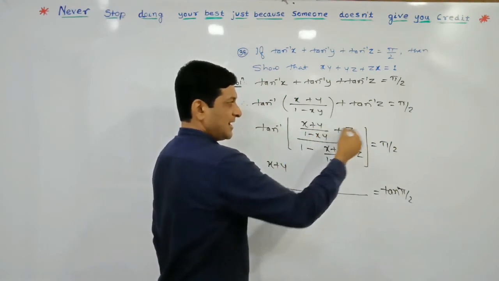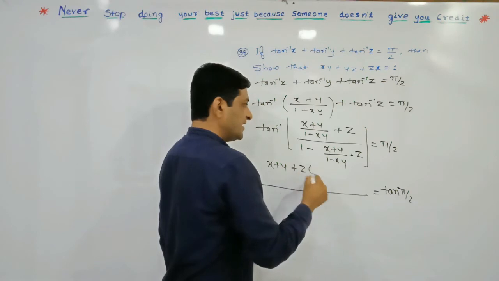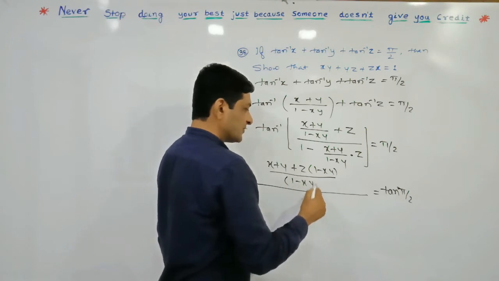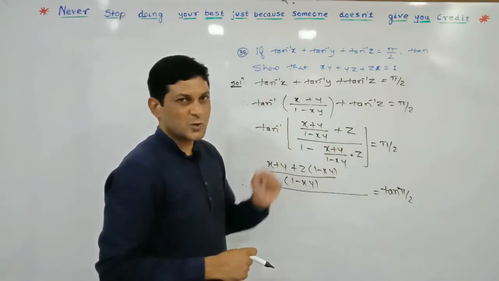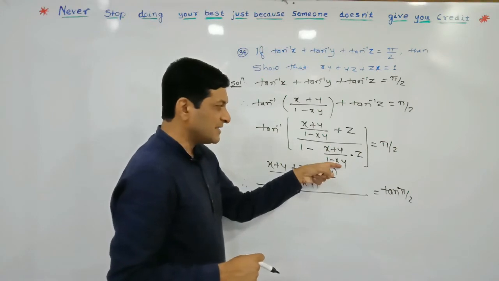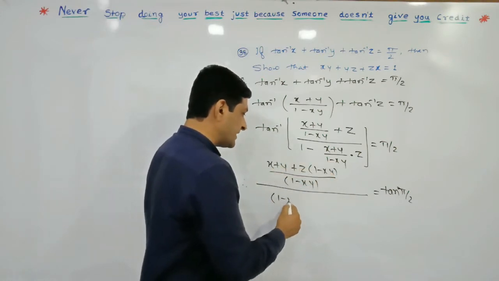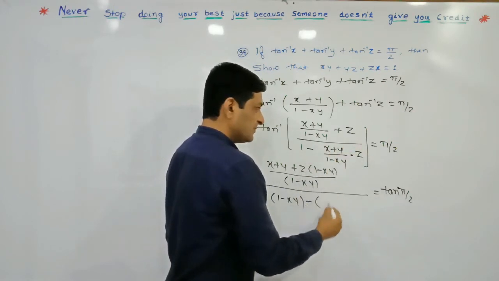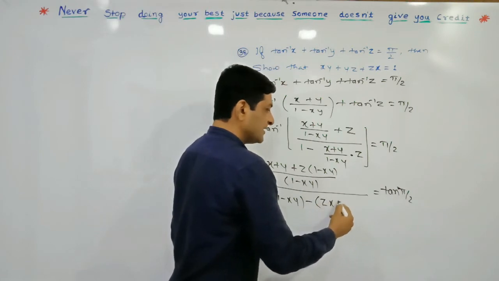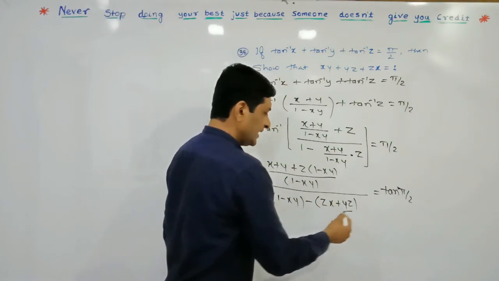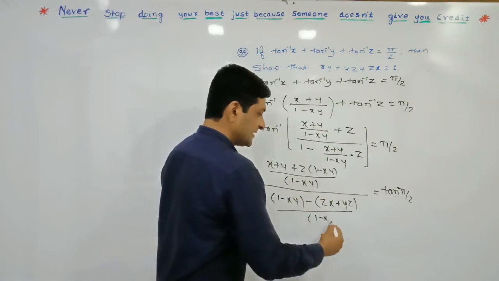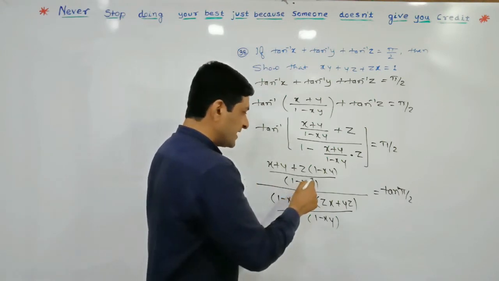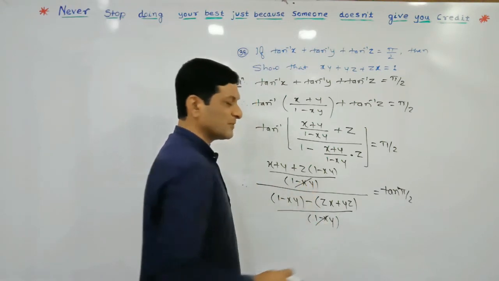What we will get here? In the numerator, x plus y into 1 and plus z into (1 minus xy), all divided by 1 minus xy. In the denominator also we take cross multiplication. 1 minus xy into 1 will be 1 minus xy, and minus the product of these two terms, means zx plus yz. Now this 1 minus xy and 1 minus xy will get cancelled.